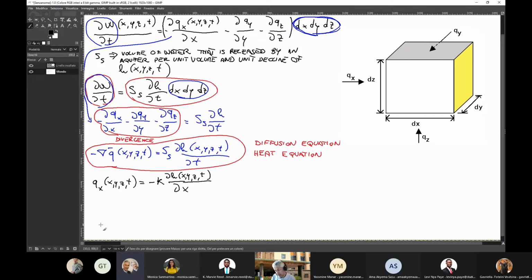So what happens here? Look at the right-hand side. In the X direction, you have a change of the hydraulic head, okay? It's a change that is multiplied by a constant capital K. And let's now just postpone a comment on this constant.